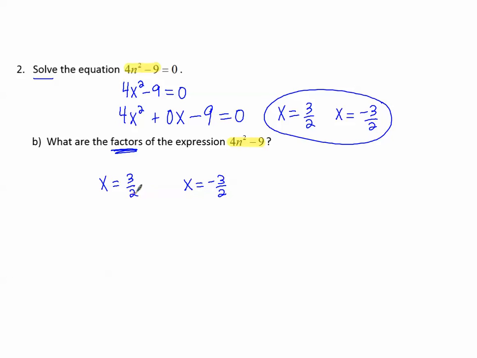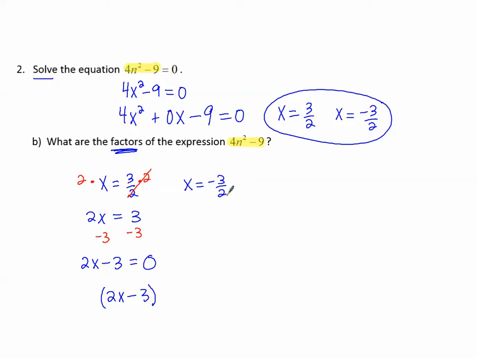If this says divided by 2, and I don't want to have the divided by 2 there, the inverse operation of divided by 2 is multiply by 2. So let's do that on both sides of this equation. Get rid of that denominator. 2 times x is 2x equals 3. That's better. Now let's make this 0 by subtracting 3 from both sides. Now these are not like terms, so I'll write 2x minus 3 equals 0. So therefore the factor is whatever is equal to 0, 2x minus 3.